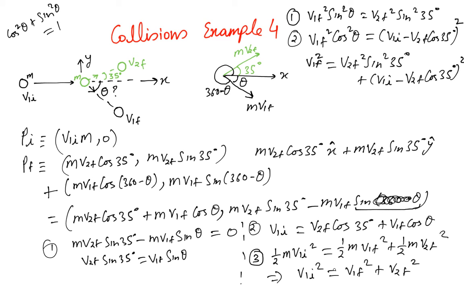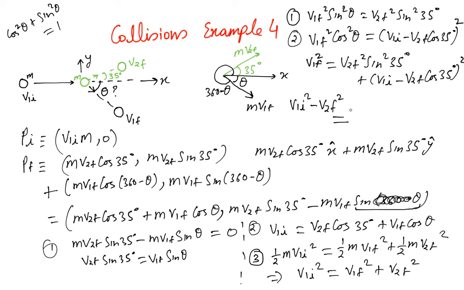Okay, now we can use the third equation. The third equation, you see, we can move to the other side and write v1i squared minus v2f squared equals this value, because v1f we already know.